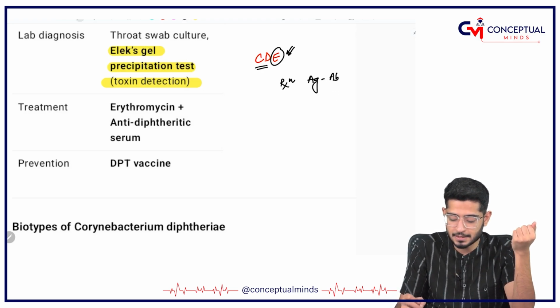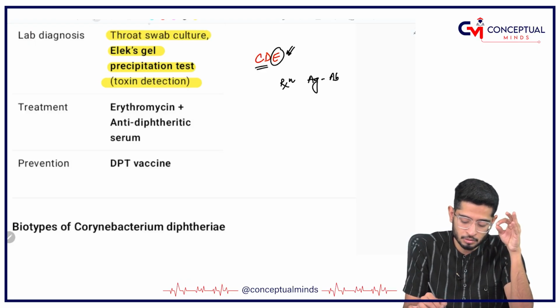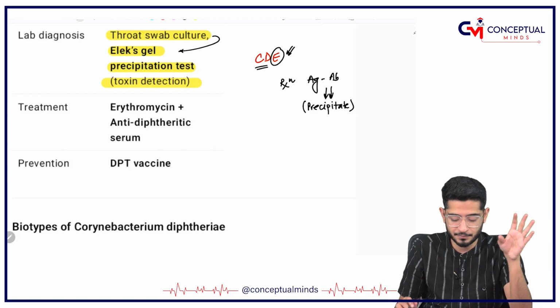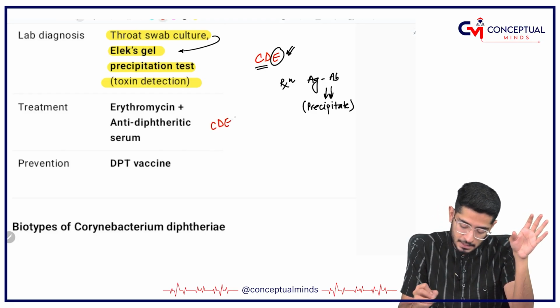The toxin is actually an antigen and the antibody is being produced. You take a throat swab culture and do this reaction, which is called a precipitation reaction. A precipitate is going to be formed and you will be confirmed that yes, it is the diphtherial toxin which is there.